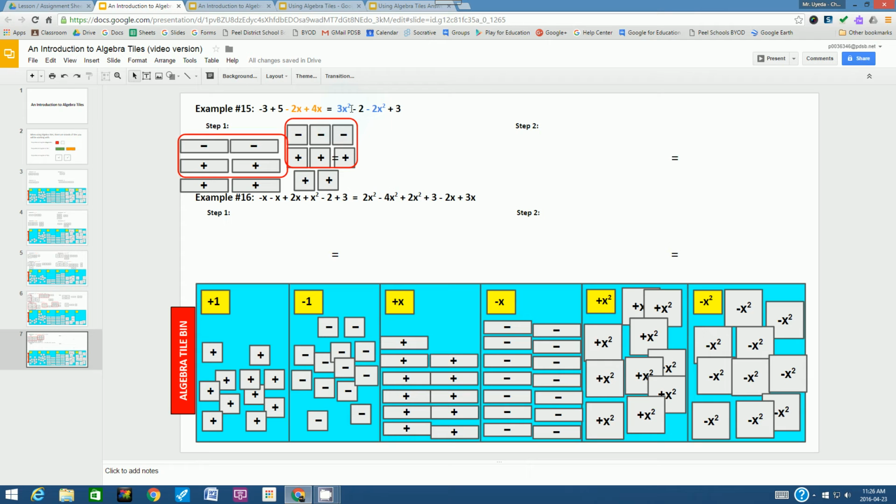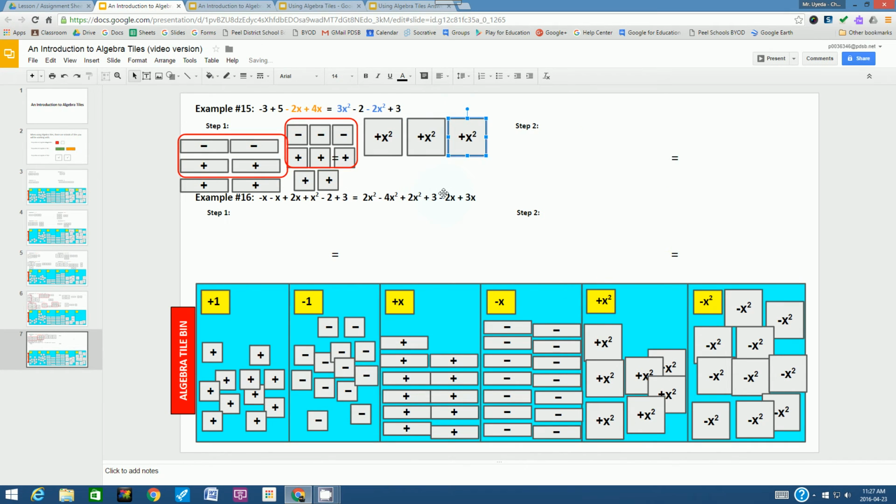Okay, so now I'm going to focus on the right-hand side of the equation, and I'm going to focus on my x squared terms. I've got my 3 positive x squareds. I'm going to bring over 2 negative x squareds. And you should realize that you've got a couple zero models.